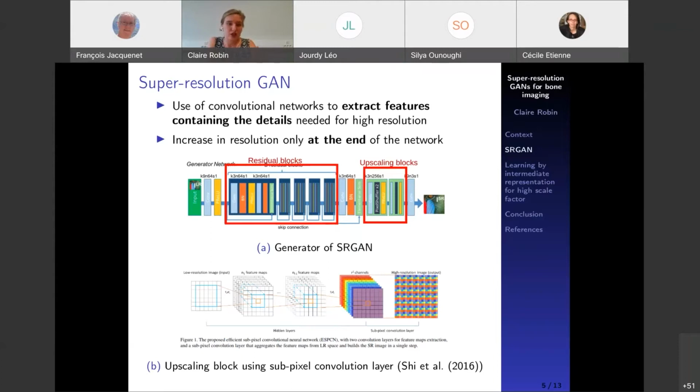And at the end of the generator, we have the upscaling blocks, which try to improve the resolution of the image using a sub-pixel convolutional layer on the output of the residual blocks.